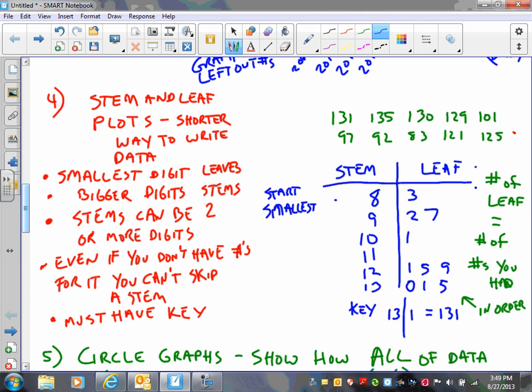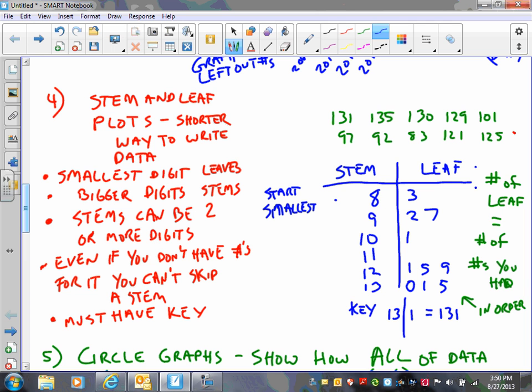Notice I didn't have any numbers in the 111 to 119 range. Actually, 110 would fall under that stem, but I didn't have it, so it's left blank there. 120, I had 3 numbers. 130, I had 3 numbers. Notice how every number up here matches the number of leaves that I have.